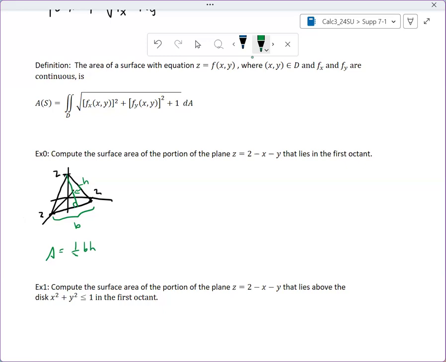I noticed that the base here, if I just look at the xy plane, is a right triangle with 2 sides of length 2, so the hypotenuse has to be the square root of 2 squared plus 2 squared, which is 2 root 2. So I see my base is 2 root 2.